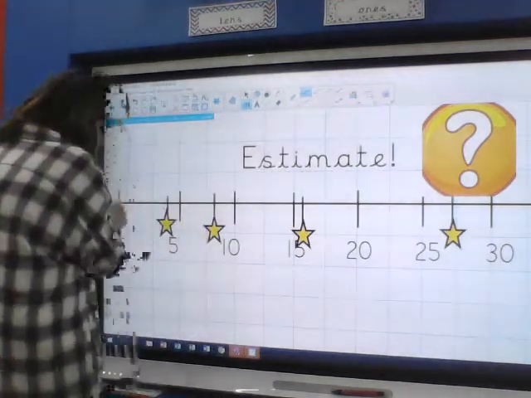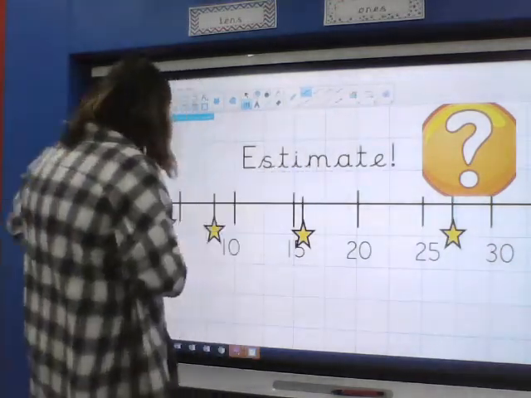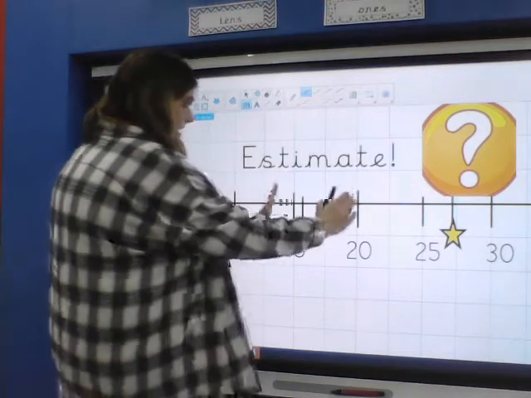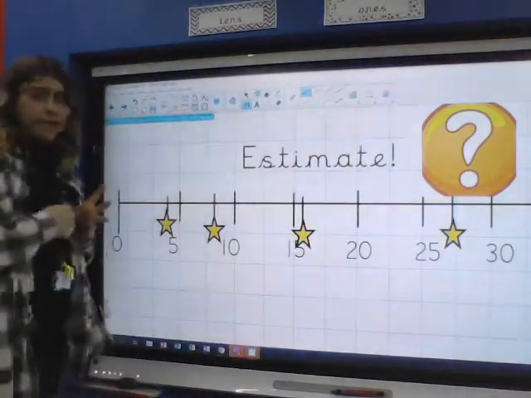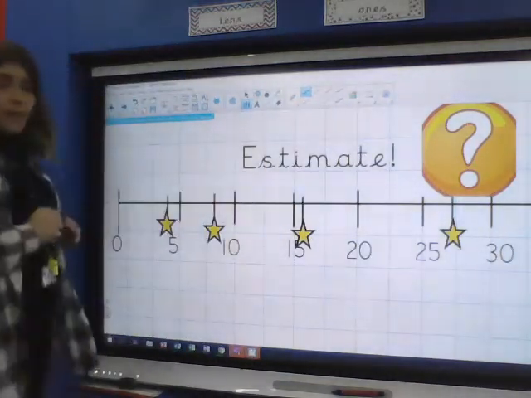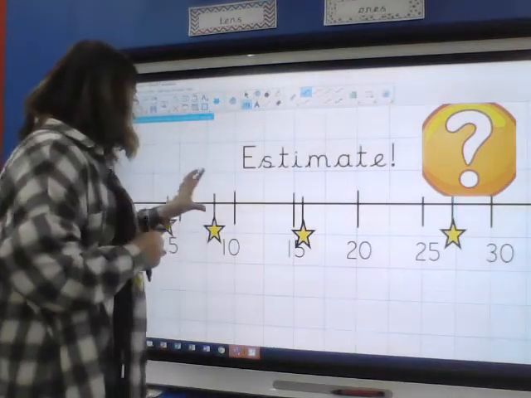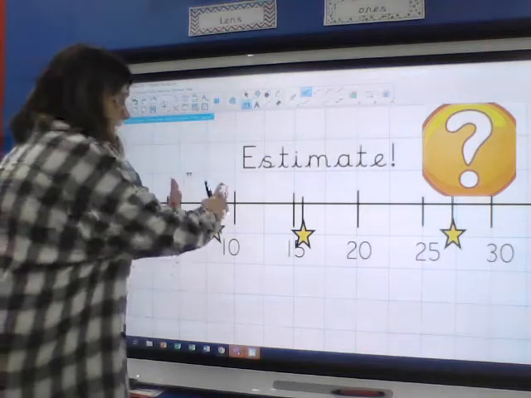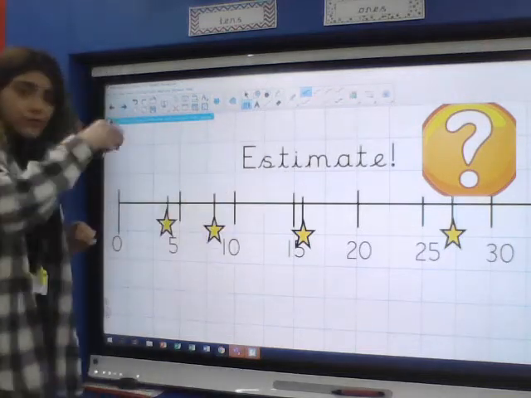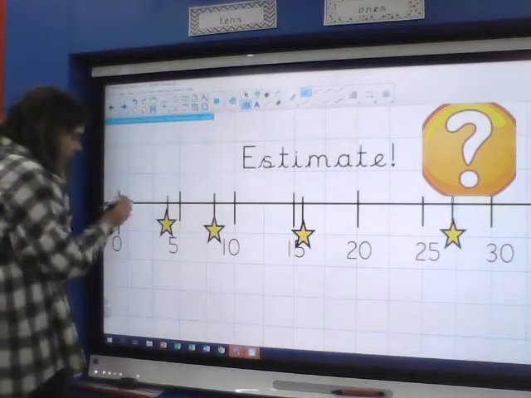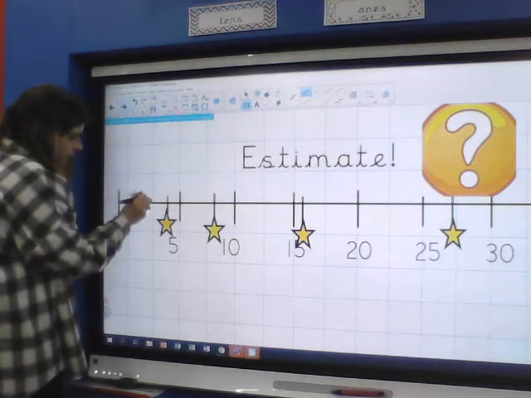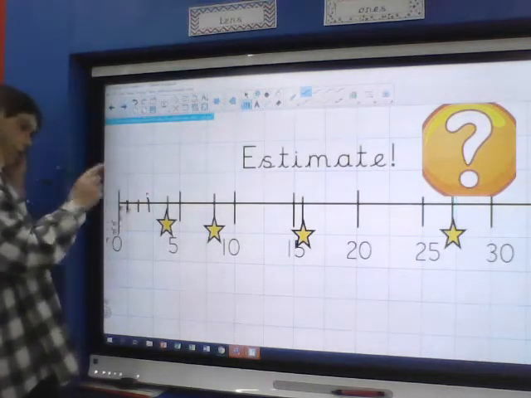I haven't got every single number on the number line. I've just got every 5 spaces I've written my number. So it's a number line from 0 to 30, but I haven't written each individual number on. I've just written in gaps of 5. If I were to write them all on, I'd have 0, 1, 2, 3, 4, 5.